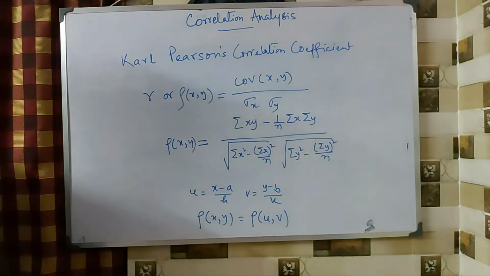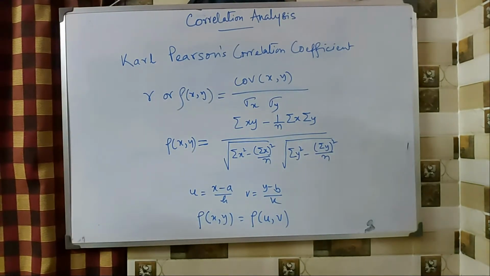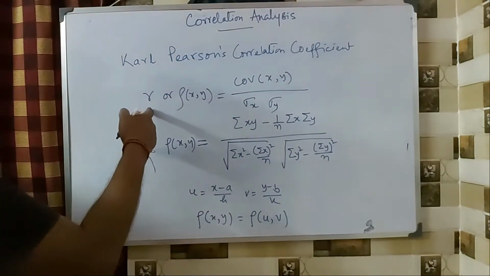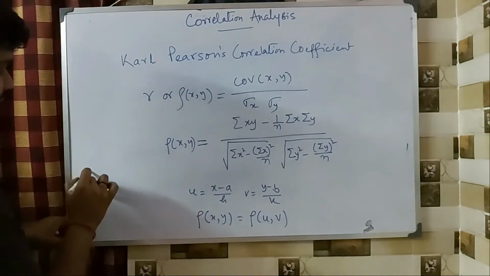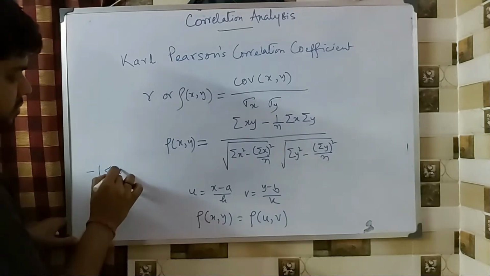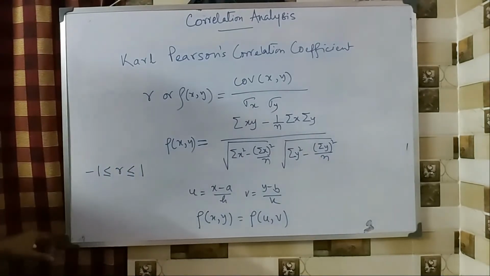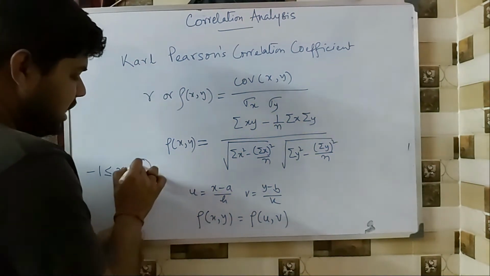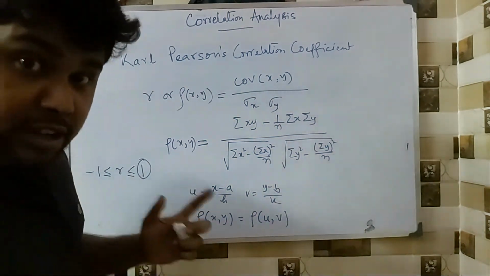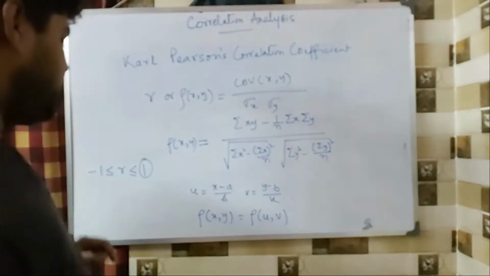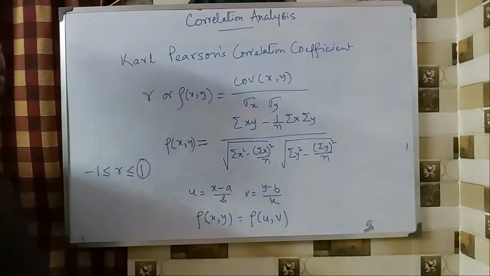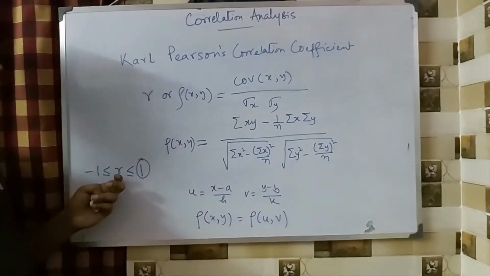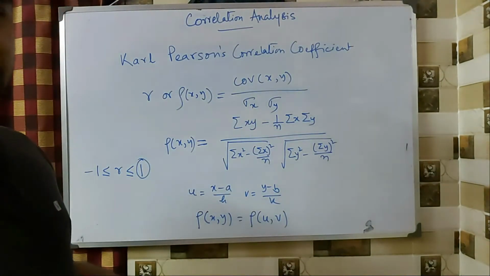Now, a few things to note. First, the value of the correlation coefficient ranges from -1 to 1. If it is 1, we say it is strongly positively correlated. If it is -1, it is strongly negatively correlated. And if it is 0, we say it is not correlated at all.